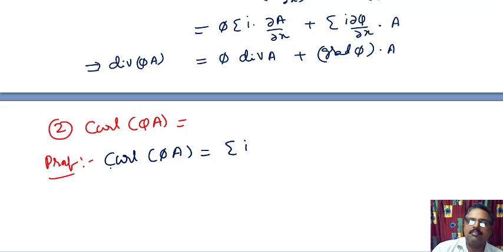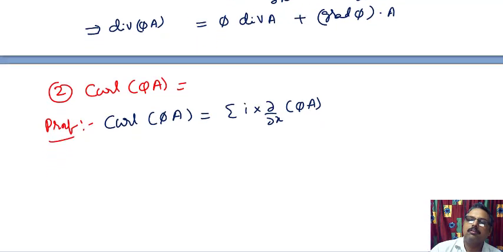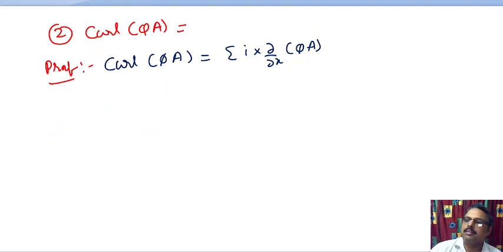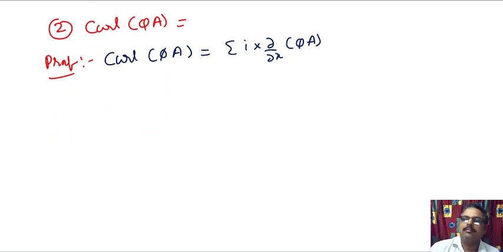Sigma, here this is C, C means cross product of dou by dou x of phi into A. Try to understand my methodology for proving the vector identity, sigma I.